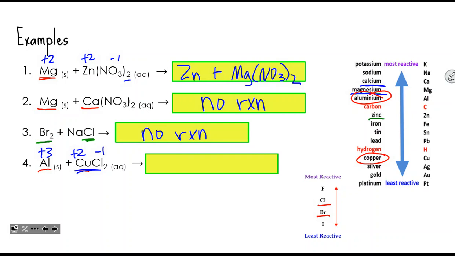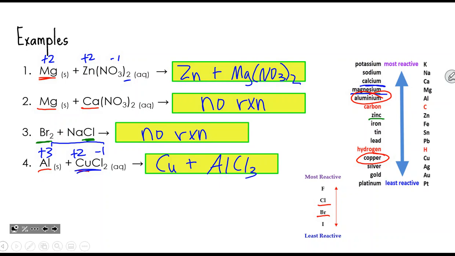So now the copper is going to just be by itself. That's fine. Copper's not diatomic, so we don't have to worry about that. But when the aluminum combines with the chlorine, where it's +3 and the chloride is -1, we're going to get a new ratio for our product. How many aluminums, how many chlorines in that aluminum chloride? 3 of the chlorines to the 1 aluminum. Good, so this would be AlCl3.